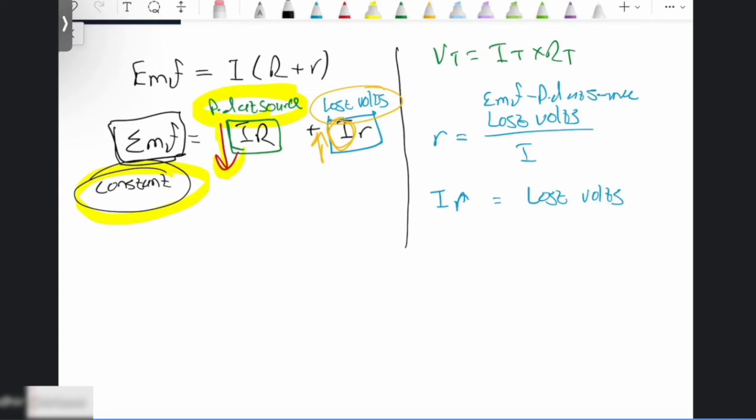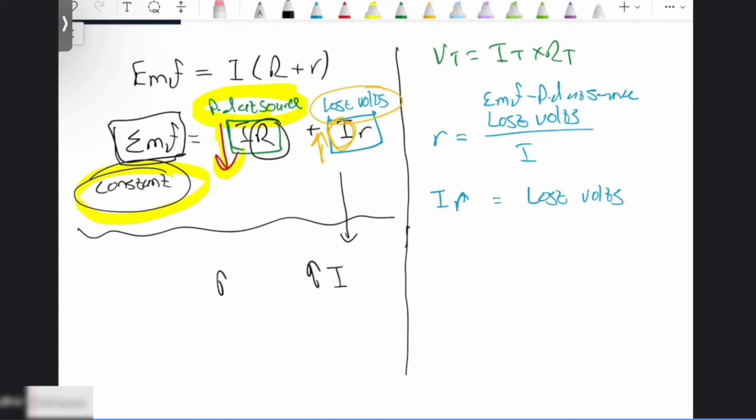Now, to bring it back to baby physics, if your current increases, then that means that your total resistance in the external circuit would decrease. And we know that when total resistance in the external circuit decreases, potential difference at source also decreases.